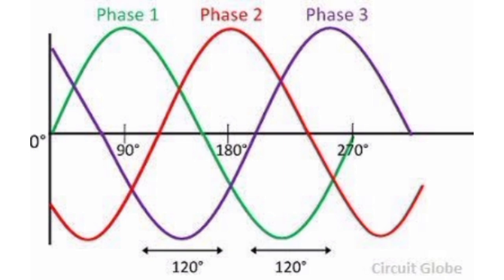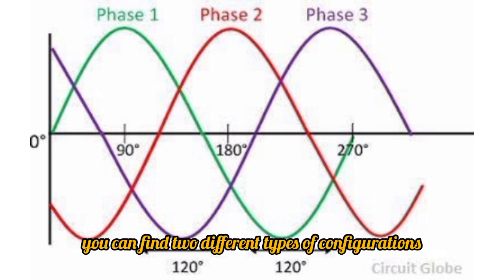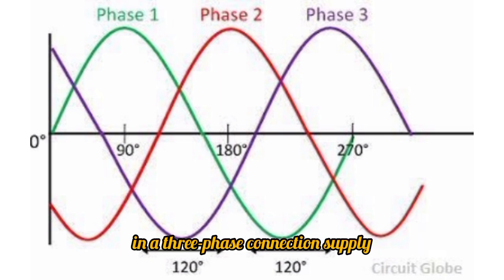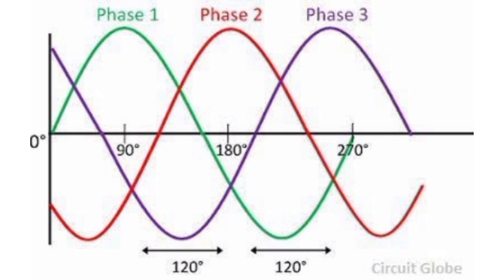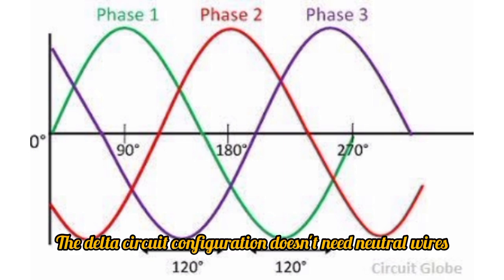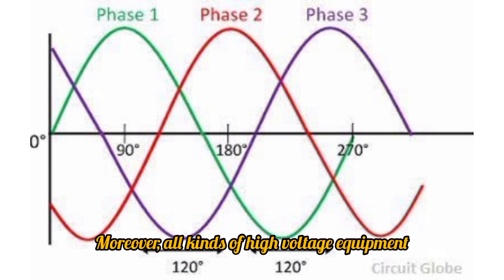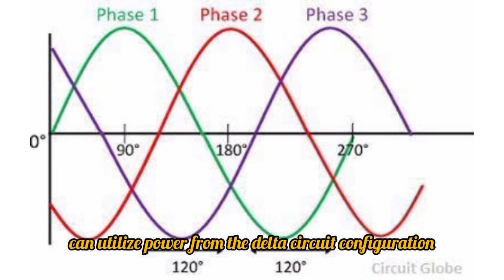Apart from that, you can find 2 different types of configurations in a three-phase connection supply, the star and delta. Star circuit configuration requires a ground and neutral wire. The delta circuit configuration doesn't need neutral wires. Moreover, all kinds of high voltage equipment can utilize power from the delta circuit configuration.